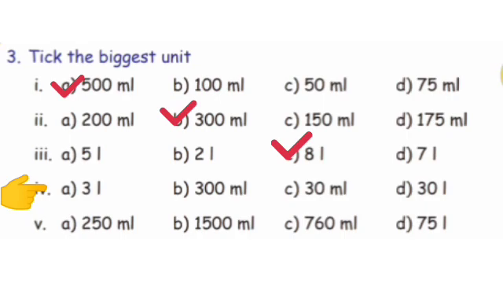Among these four, which one is the biggest unit? 30 liter is the biggest unit. Fifth one, 250 milliliter, 1500 milliliter, 760 milliliter and 75 liter. Among these four, 75 liter is the biggest unit.